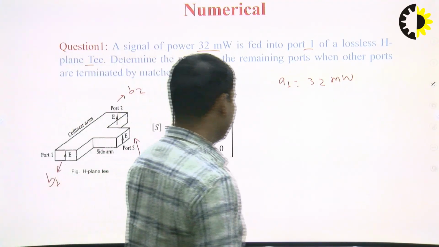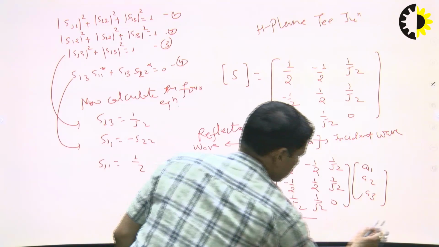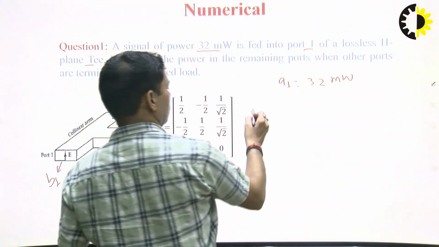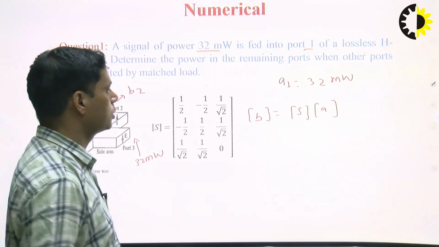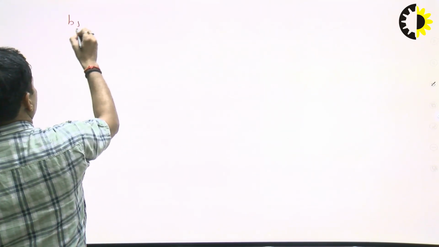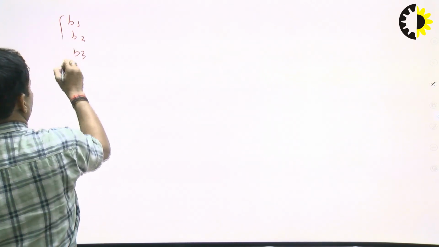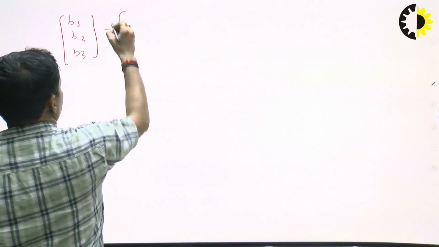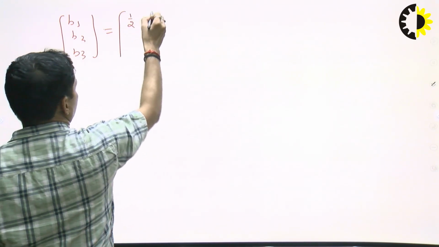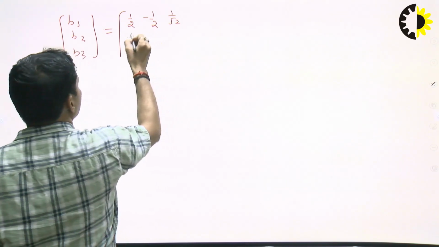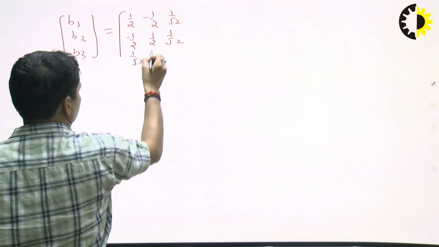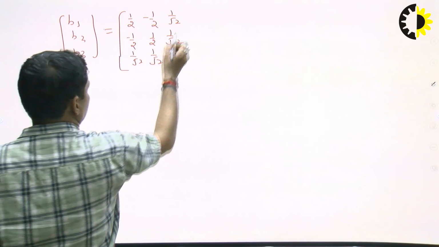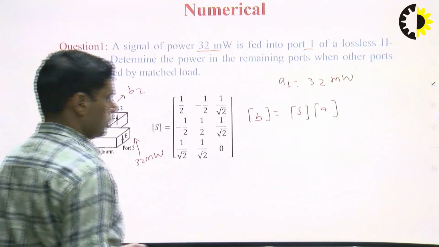So from that point of view we can use this approach. In this, B is equal to S into A. We can now apply this one. So what we can do: B1, B2, B3 is 1 by 2, minus 1 by 2, 1 by root 2, and so on, times A1, A2, A3.